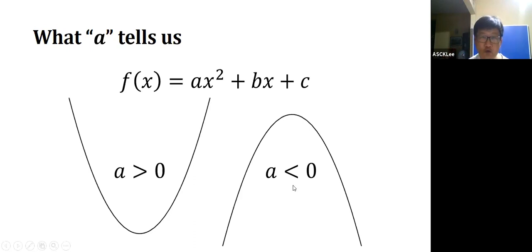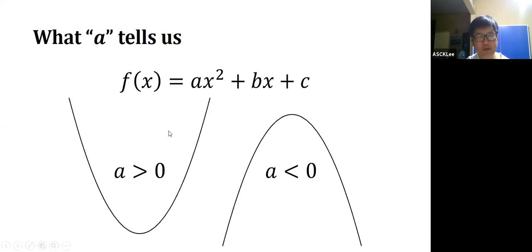It's that useful. If the value of A is 5, you know that the quadratic curve opens upwards. If the value of A is minus 3, the curve opens downwards. So A is really useful.